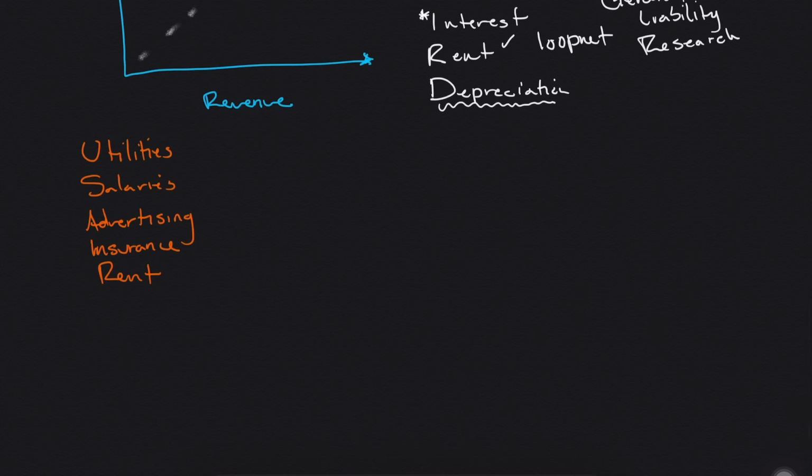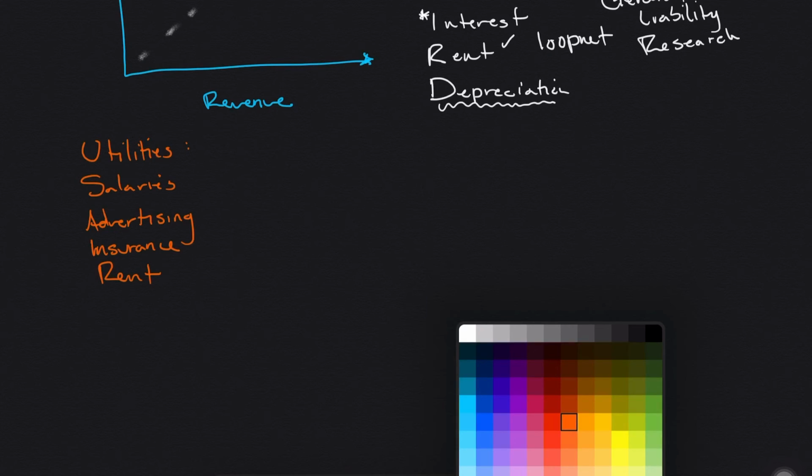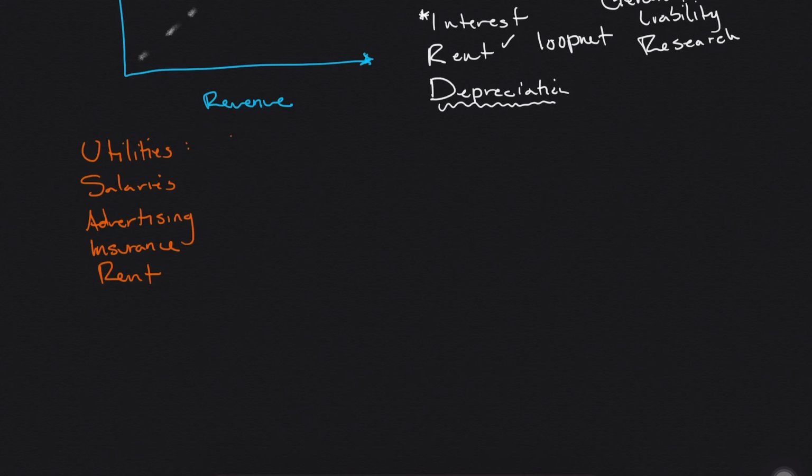So our utility expenses, and I'm going to do this on a monthly basis because we want to know if we can cover our expenses month to month, we've estimated at $500 per month.